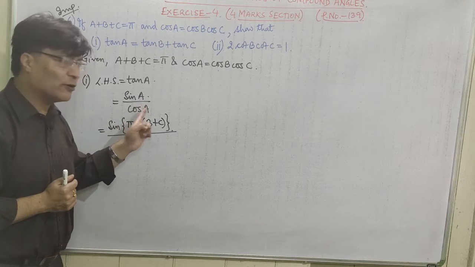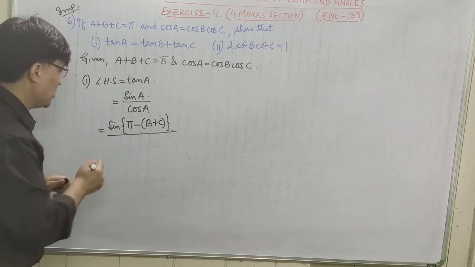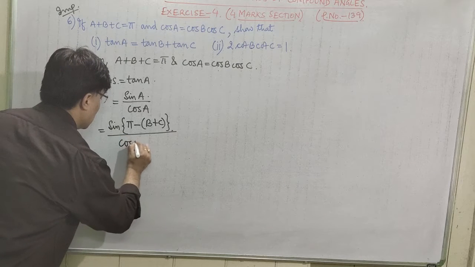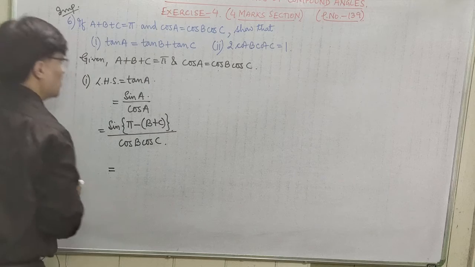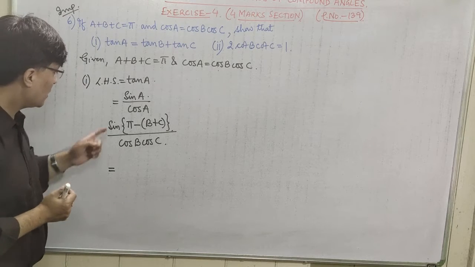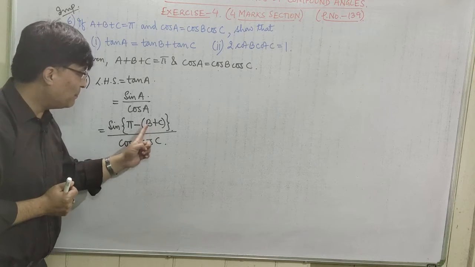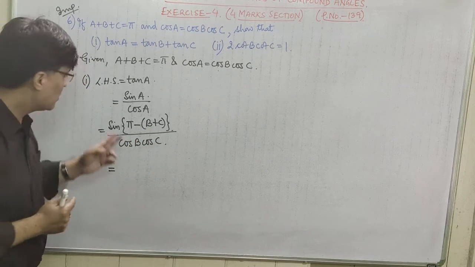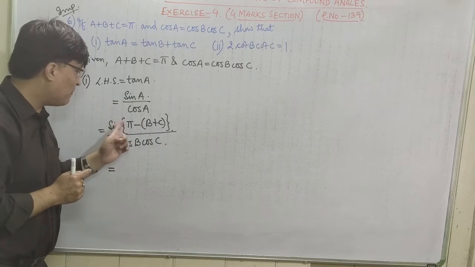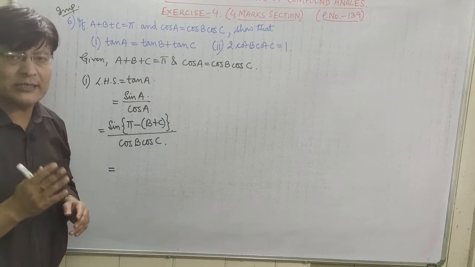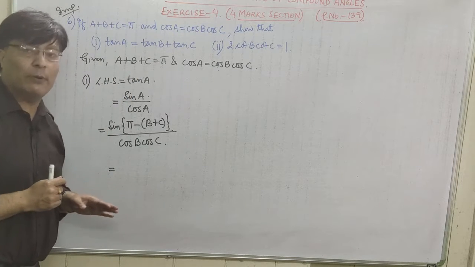You can put the value for cos a. What is the value for cos a? It is cos b cos c. Here you can put cos b cos c, which is equal to, now this is sin (180 minus theta), where b plus c is taken as theta. So it is sin (pi minus theta). You know that pi minus some angle always lies in the second quadrant. In the second quadrant, sine is always positive.